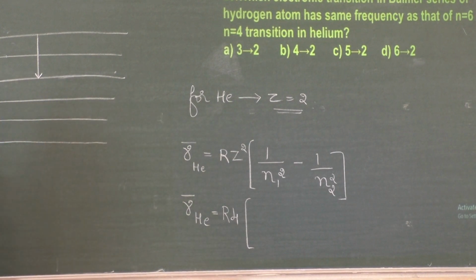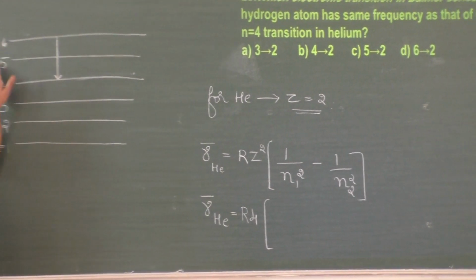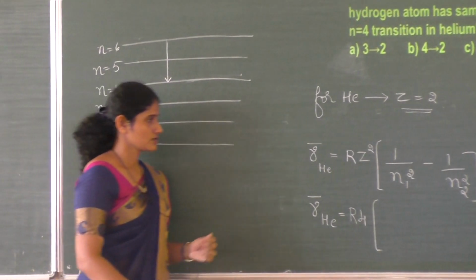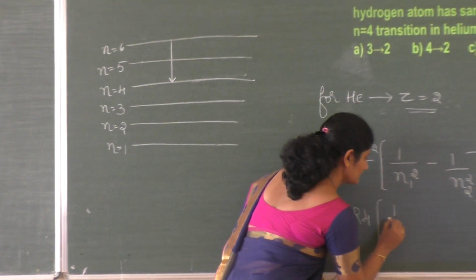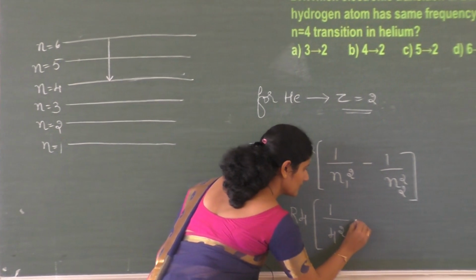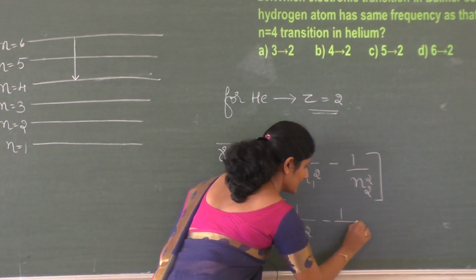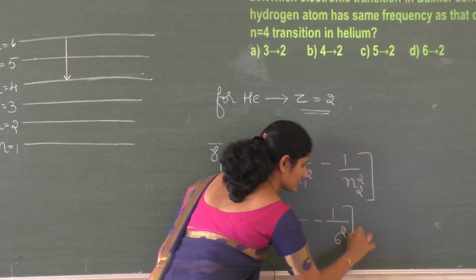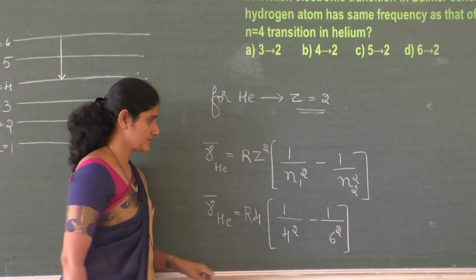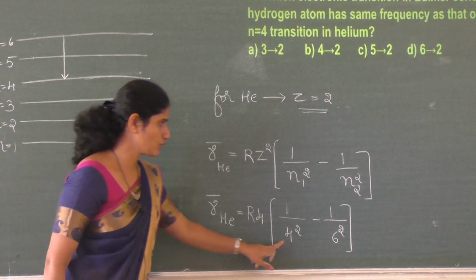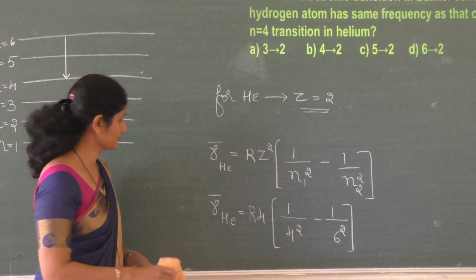square. n1 is 4, n2 is 6. So 1 by 4 square minus 1 by 6 square. Electron is jumping from 6 to 4. So n1 is 4, n2 is 6.